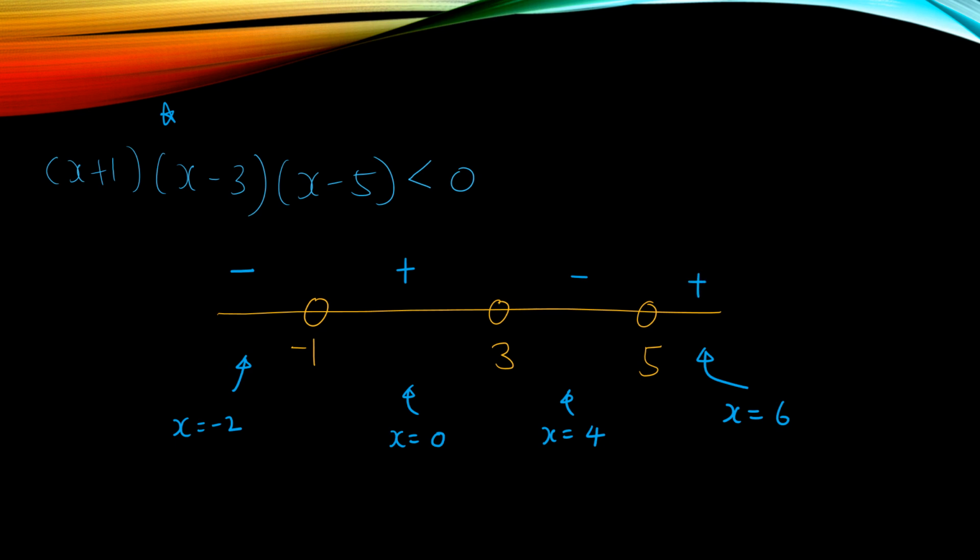So overall, I want the inequality expression to be less than 0. So it will be the first subinterval and the third subinterval. So my solution will be x below negative 1, or x is between 3 and 5.